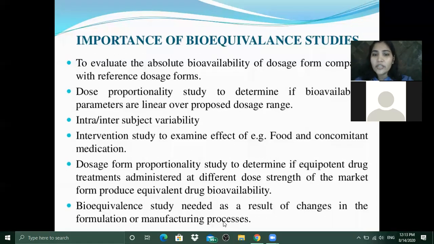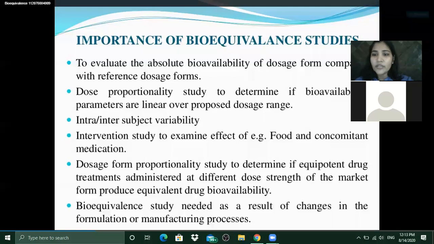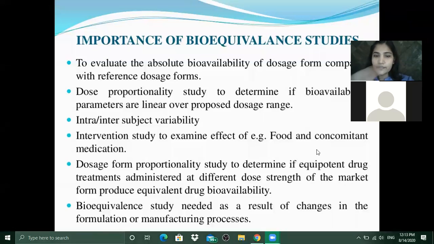What is a generic drug? Can anybody say? Tell me, what do you mean by generic drug? Kajal, tell me, what do you mean by generic drug? We have discussed generic drugs before.